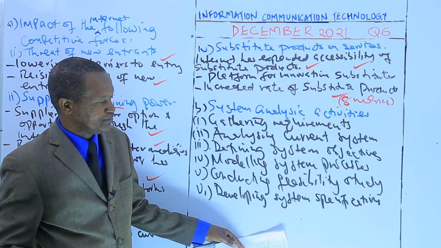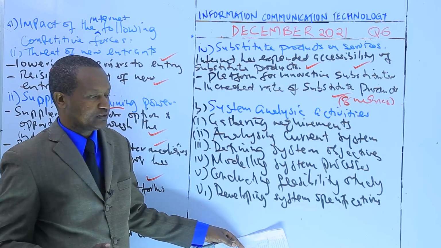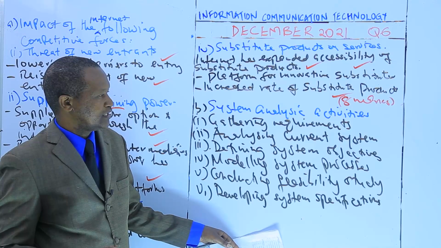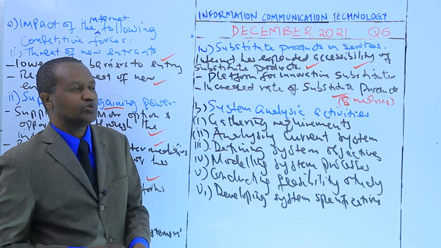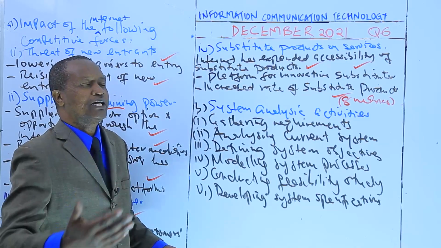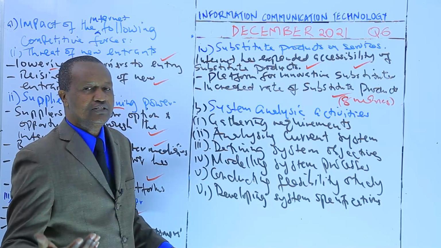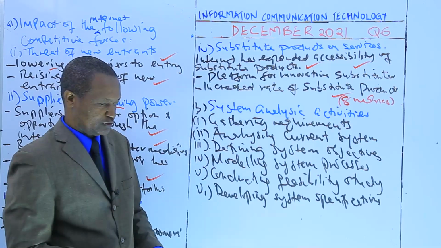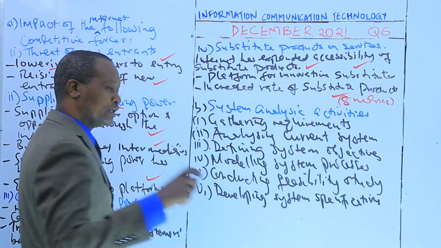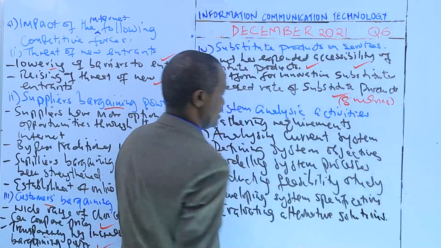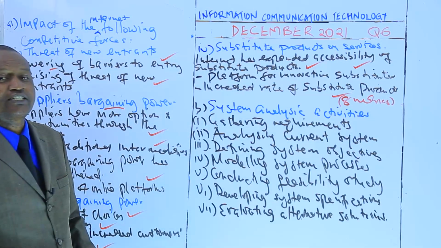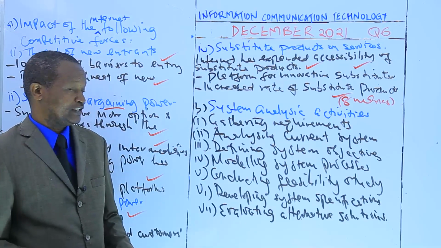Developing system specifications. Then another activity is in relation to coming up with alternative solutions and evaluating the alternative solutions. Evaluating alternative solutions is yet another activity.